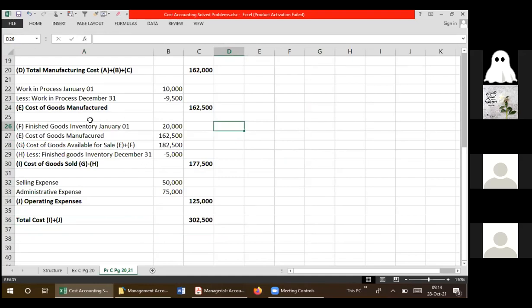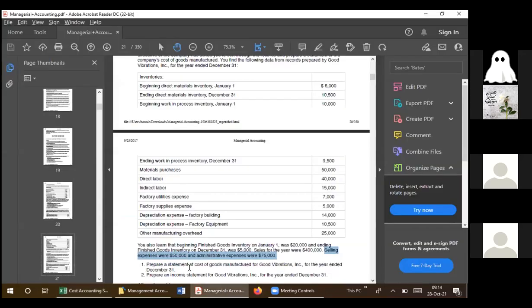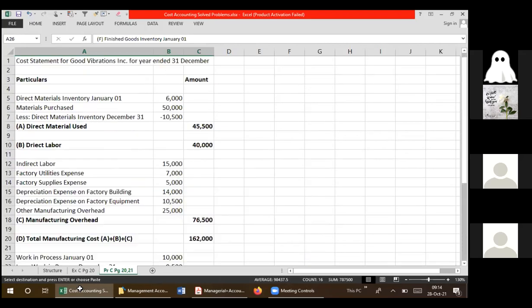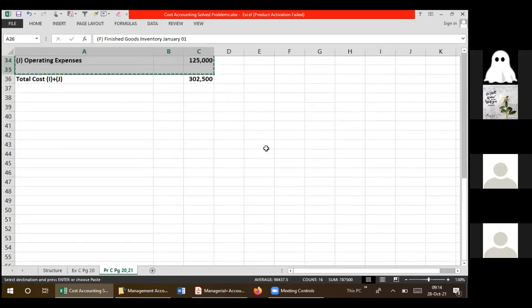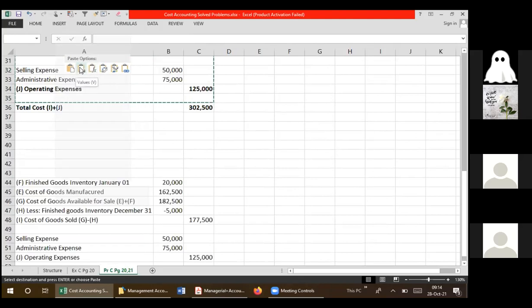If we wanted to create the income statement as they are asking us, so they are asking to finish the cost statement at cost of goods manufactured and then create an income statement. So we can create an income statement over here below this. Let's create it here.